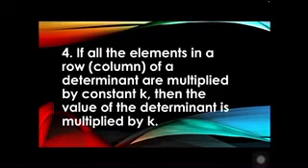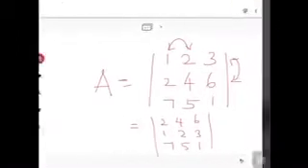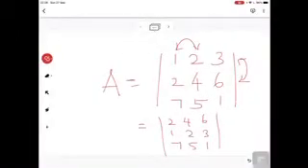Fourth one: if all the elements in a row of a determinant are multiplied by a constant k, then the value of the determinant is also multiplied by k.